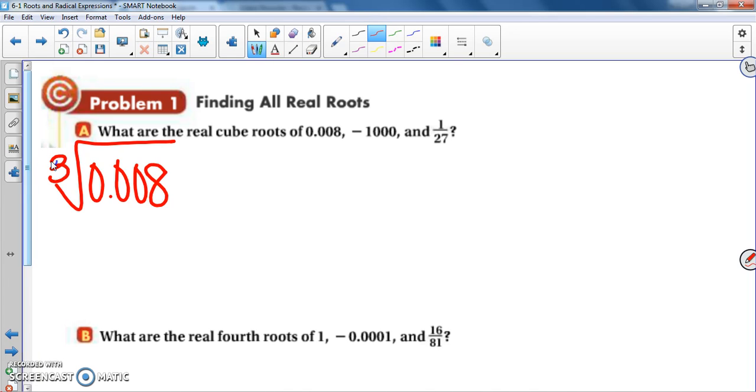So what times itself times itself times itself equals 0.008? This is equal to 0.2.